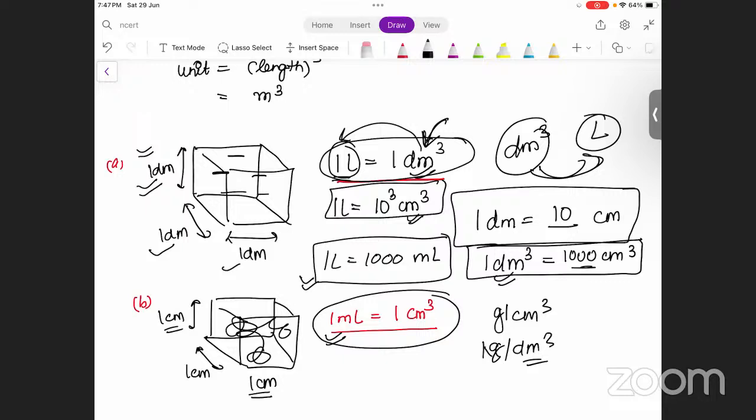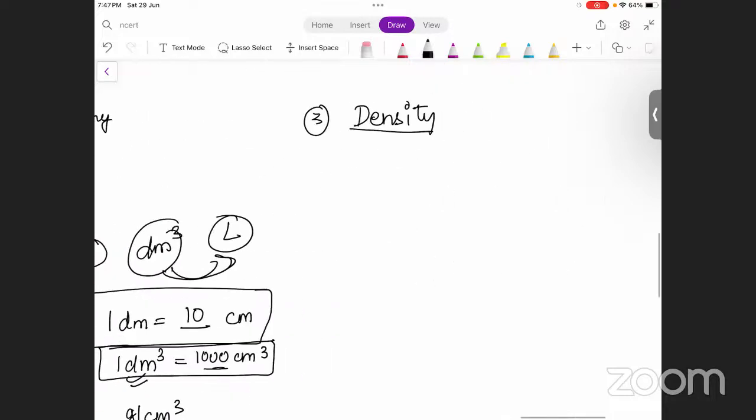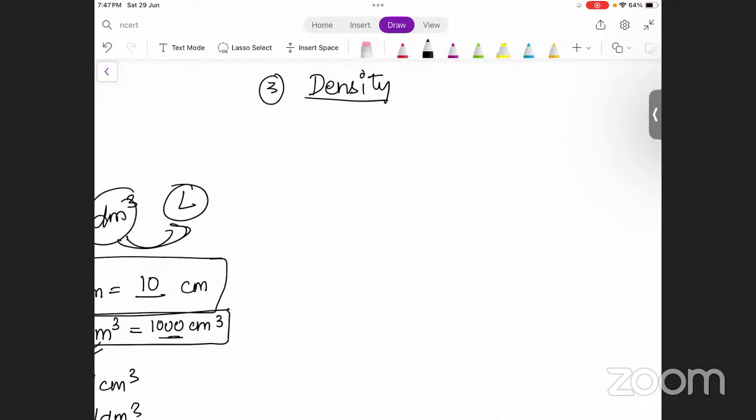If you remember the cubes, you will remember the conversion, and also you will remember that decimeter cube is 1 liter. So you have to quickly answer whether you have understood this, then we'll move on to the next topic, which is density. I am waiting for your reply. I think there are many students, but only a few are responding in the chat. So everyone has to respond. Everyone has to be active in the class.